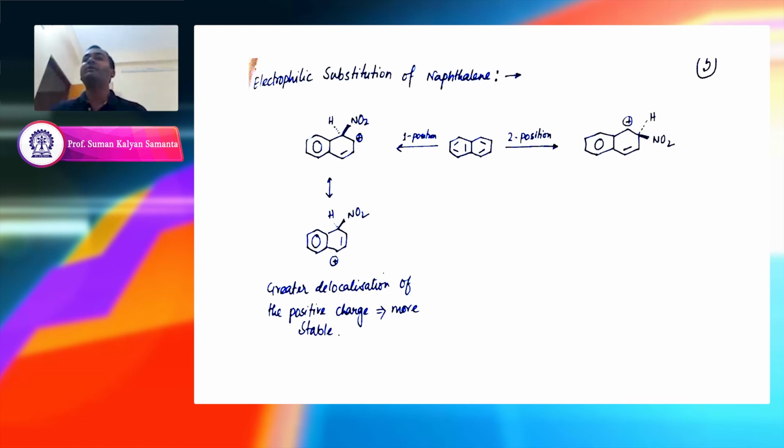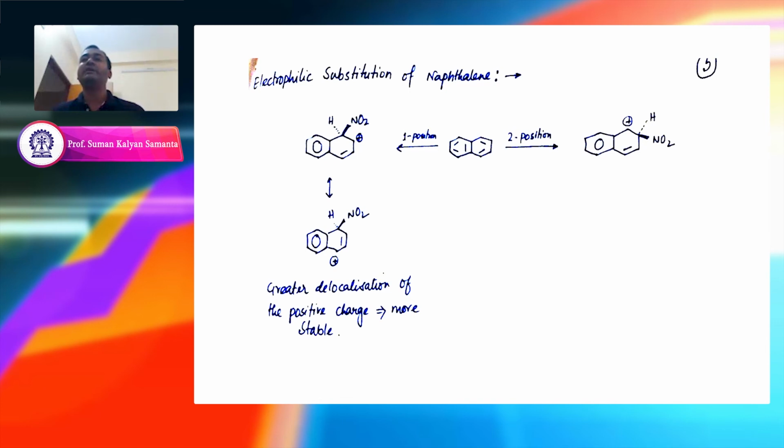If you involve the other ring and draw the resonating structures, you will find that for the product after attack at the 1 position, this positive charge will have 7 resonating structures, and at the 2 position, this structure will have 6 resonating structures. This is your homework: you can find out how these 7 and 6 resonating structures are forming.